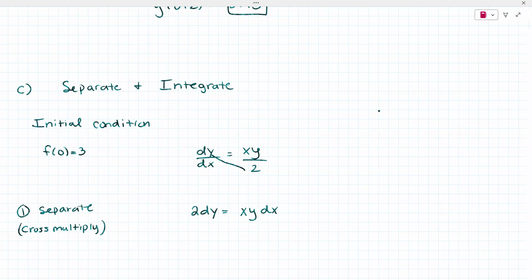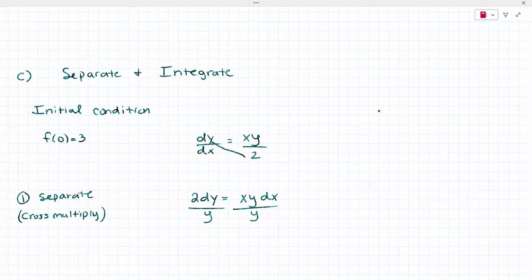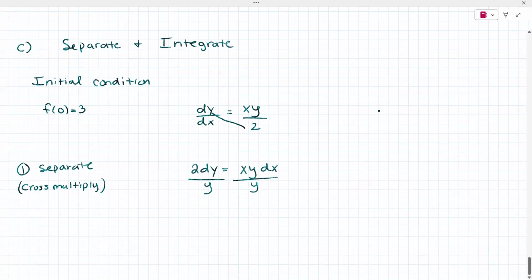So get rid of this y by dividing both sides by y. So that would be 2 over y dy equals x dx.